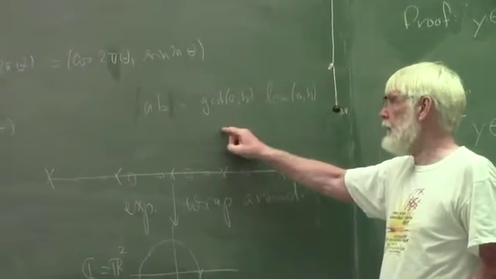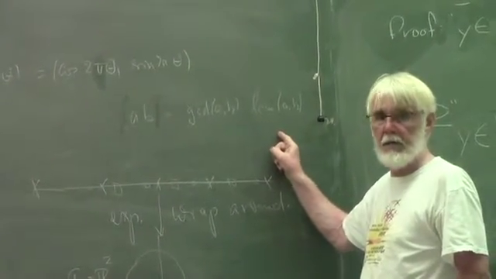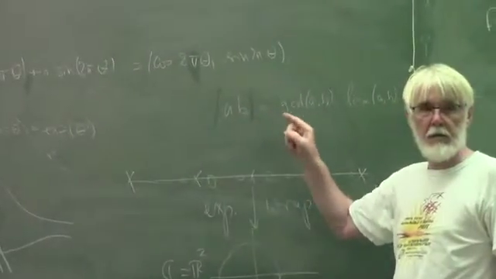Dividing here means multiple over here, because together they are the product.